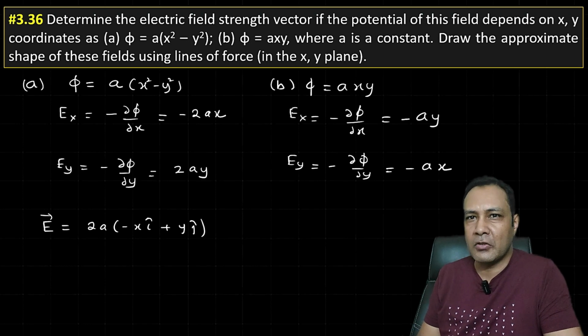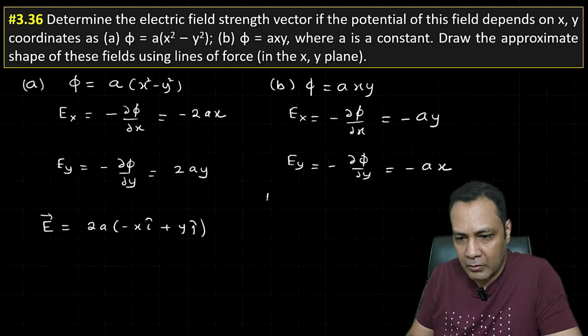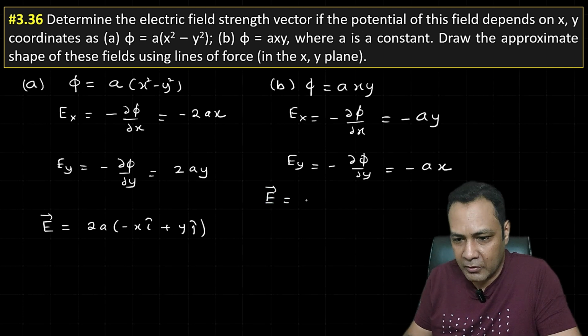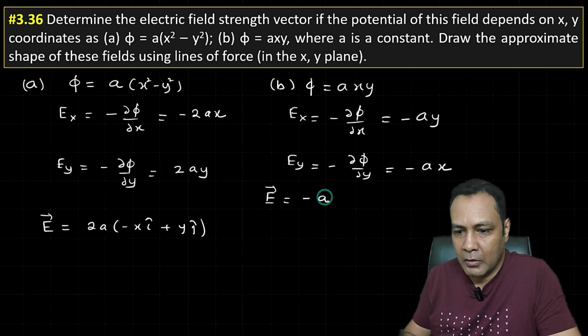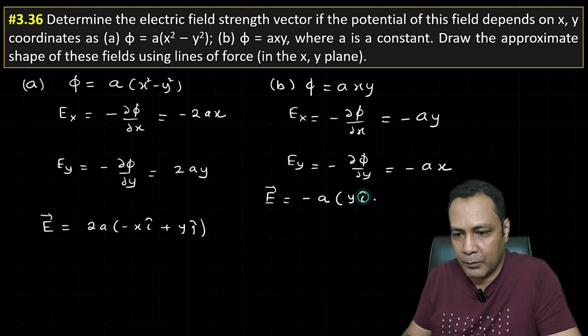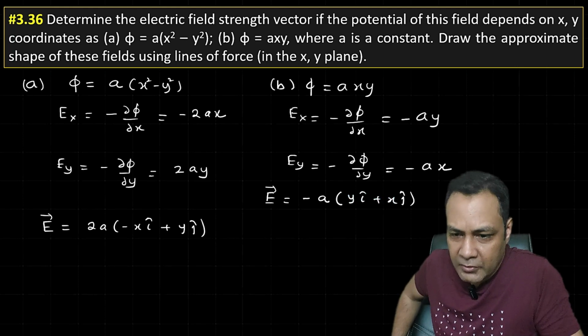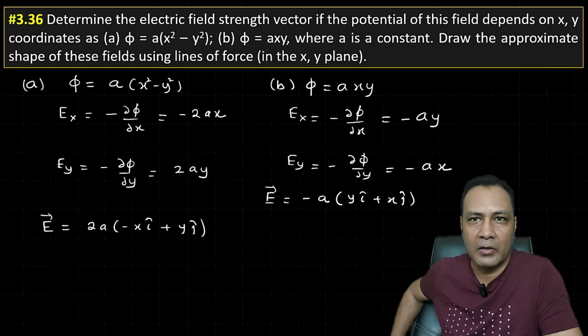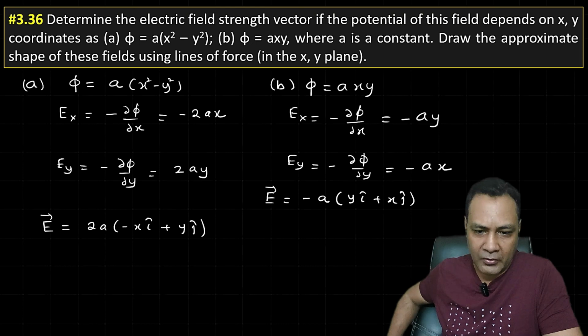So again clubbing these together to get the final electric field vector, I can take minus a common, and it is a(y i cap plus x j cap). And now let's go ahead and plot the field lines, the potential field and also the electric field.